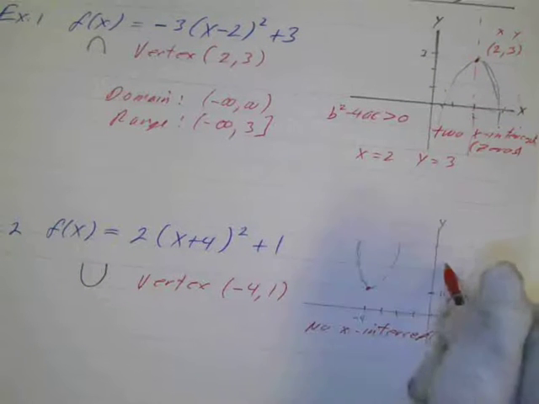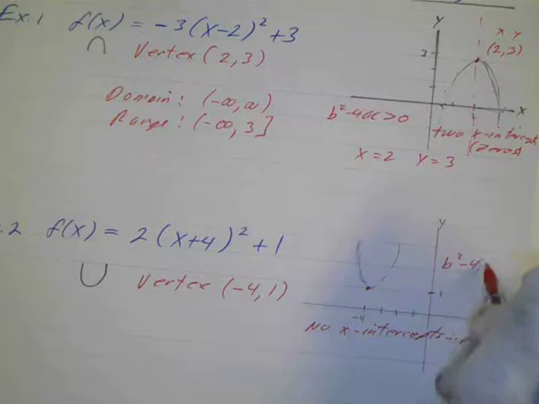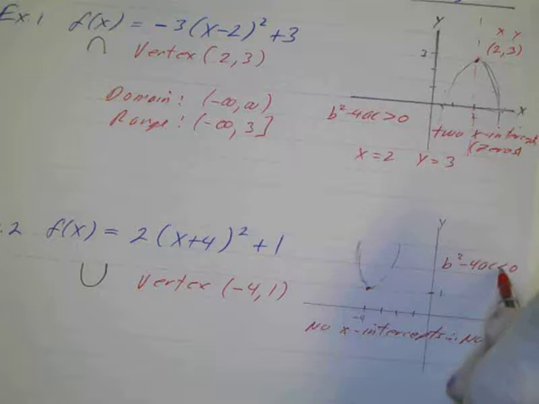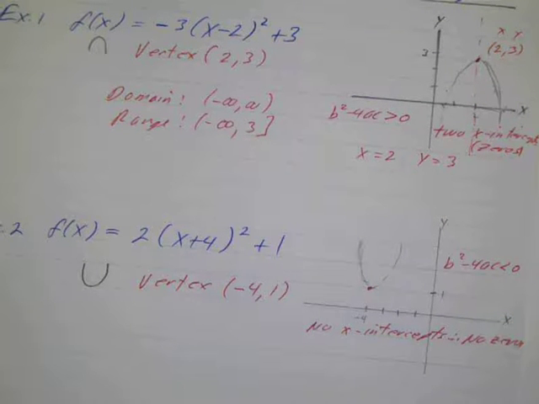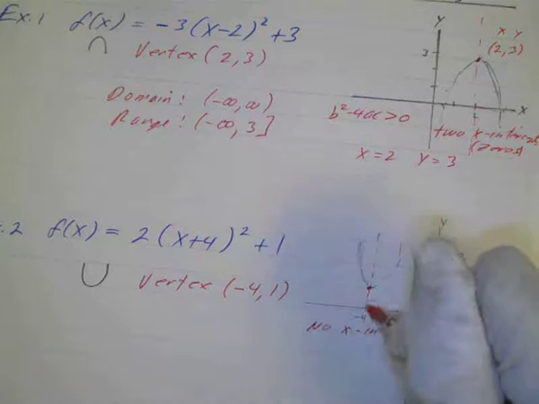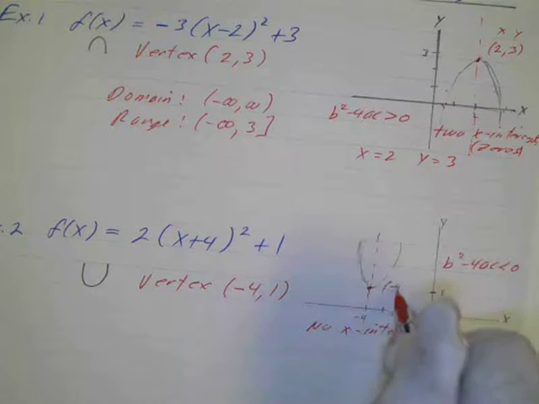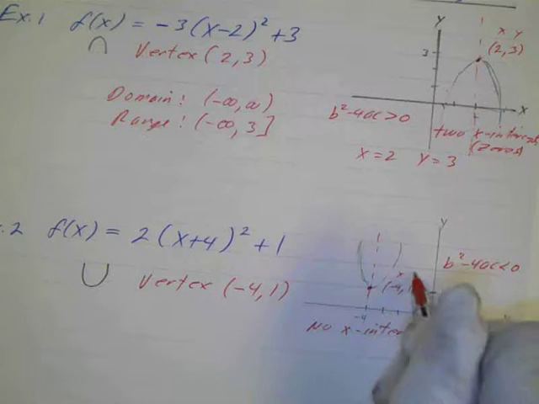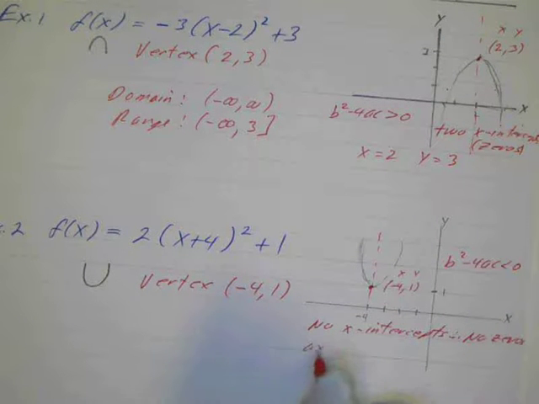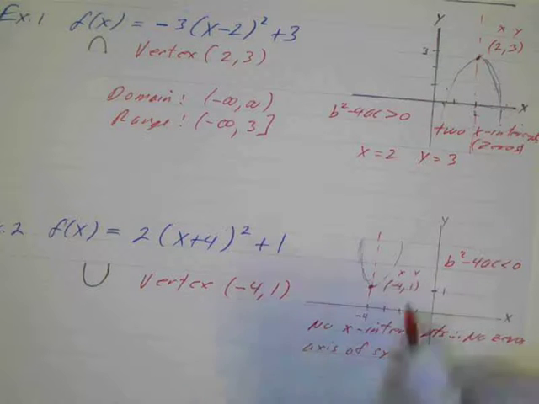So therefore we know that the discriminant b squared minus 4ac must be less than 0, because we have complex imaginary roots. And the axis of symmetry, we could figure that out. This is the vertex, the point negative 4, 1. So this is x, this is y, and the axis of symmetry is just the line x equals negative 4.